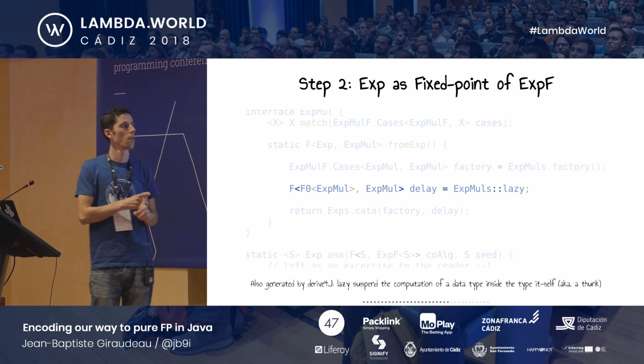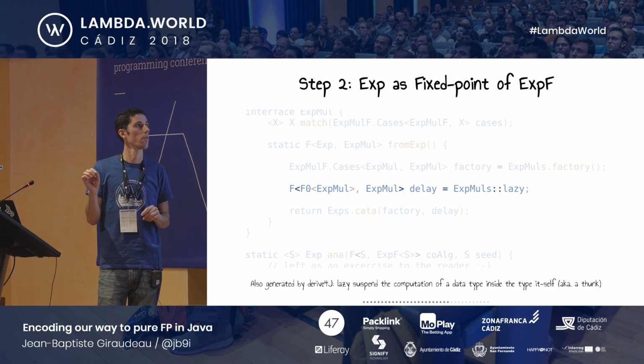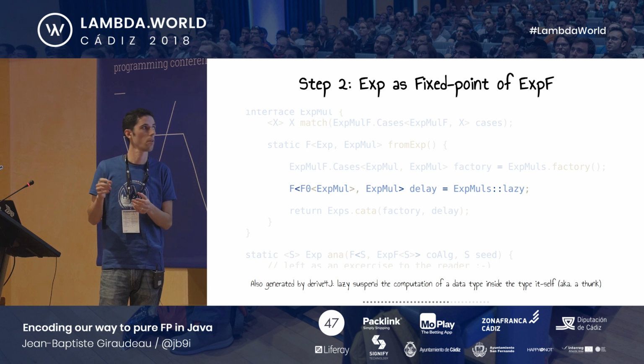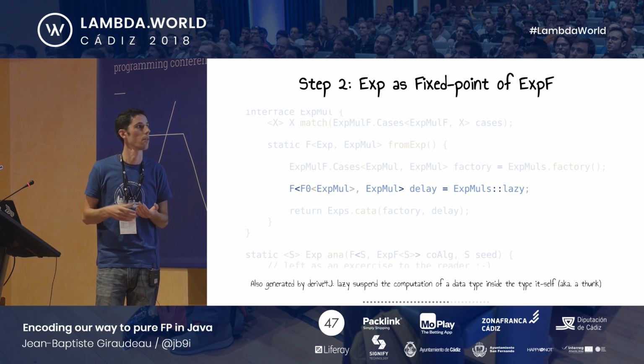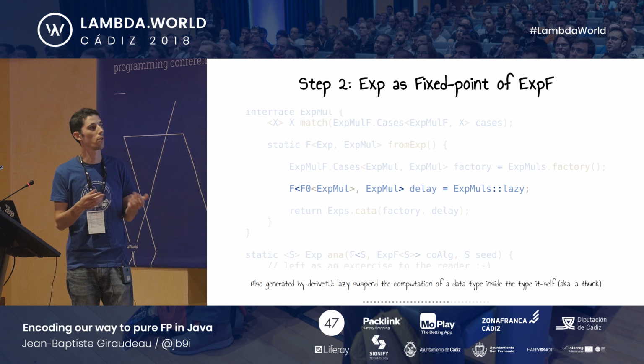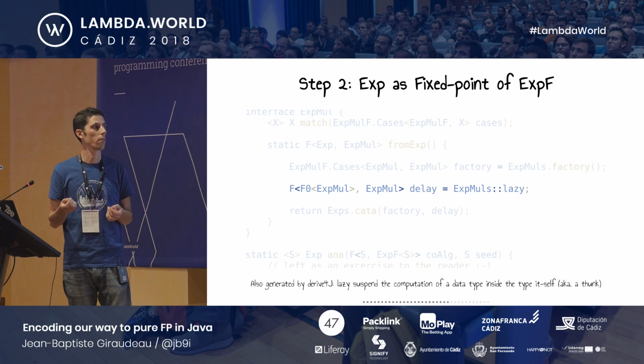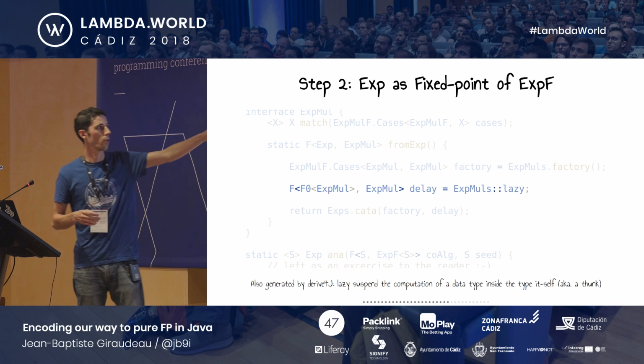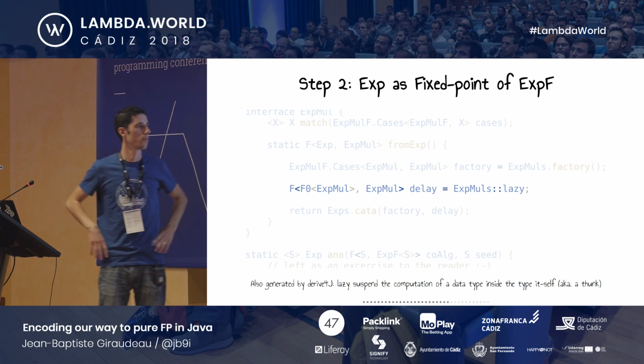We can do that because, since we use the visitor, we hide the constructor, and we have different ways to implement this match method. One of the ways is to memoize another value that is evaluated once we call the match method.